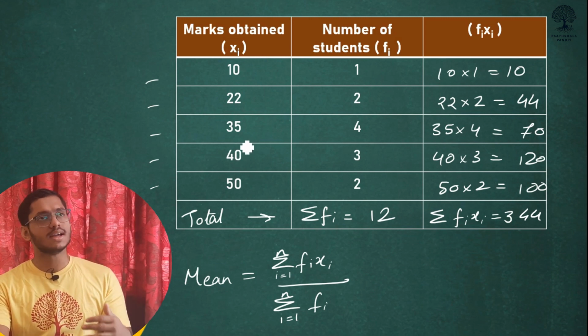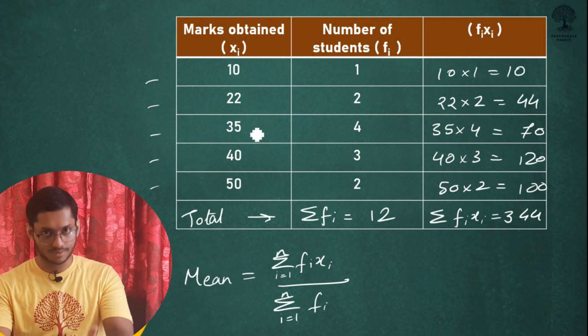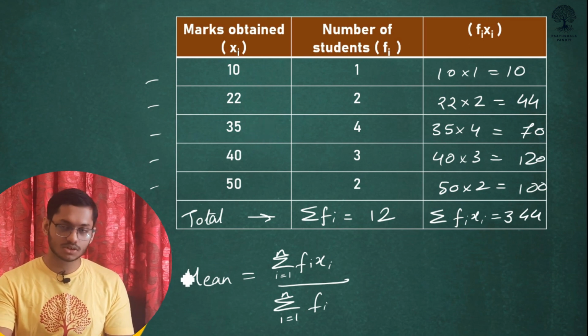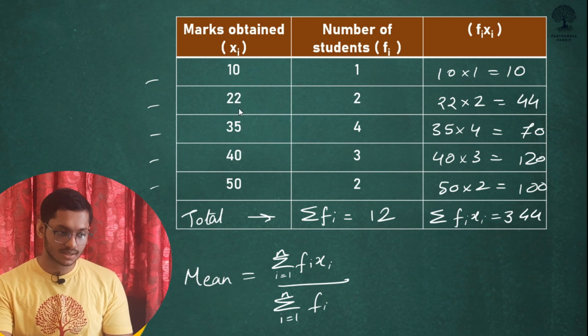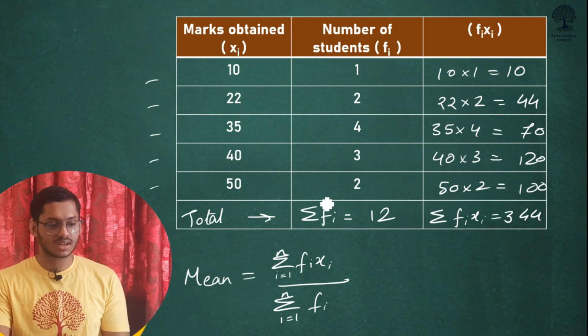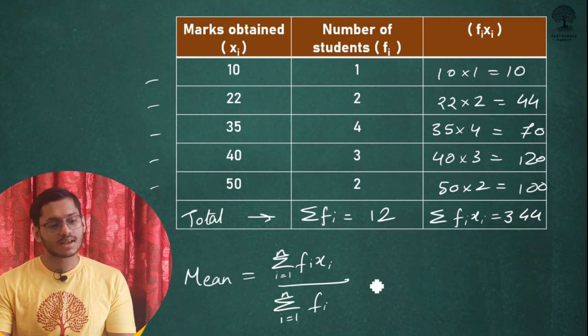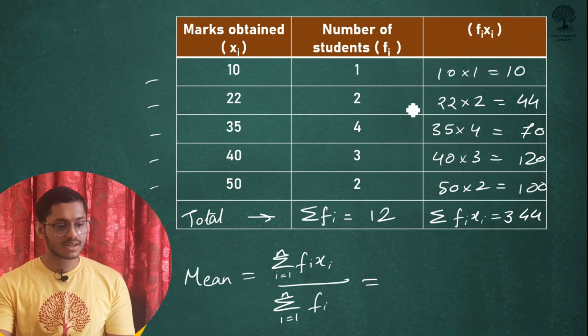Suppose they also got 36 or 45 as marks, then we will have to consider those indexes too. So at that time, instead of writing 5 above, we just write n. In general n can be anything. Anyways, that is just about the formula. What you need to remember is the process.